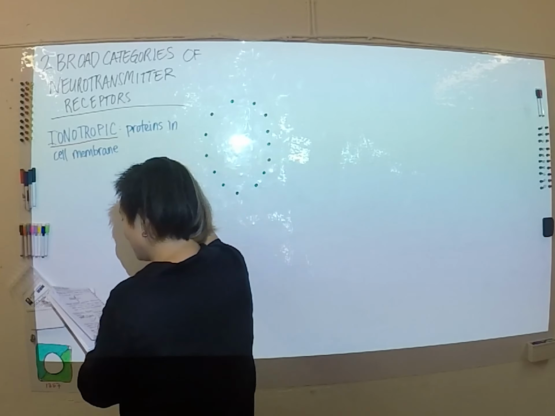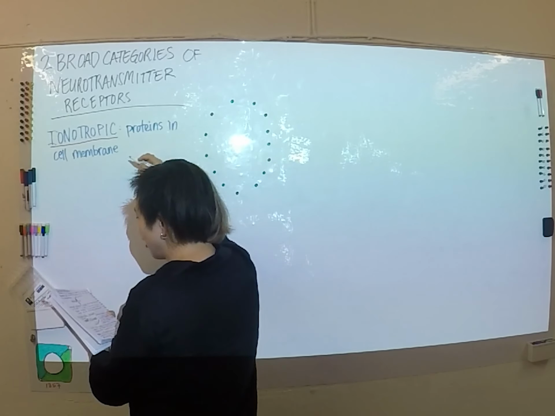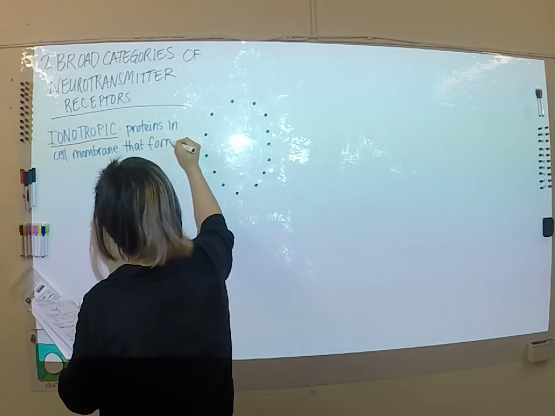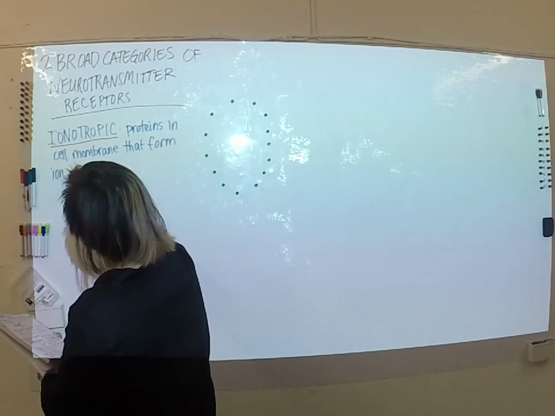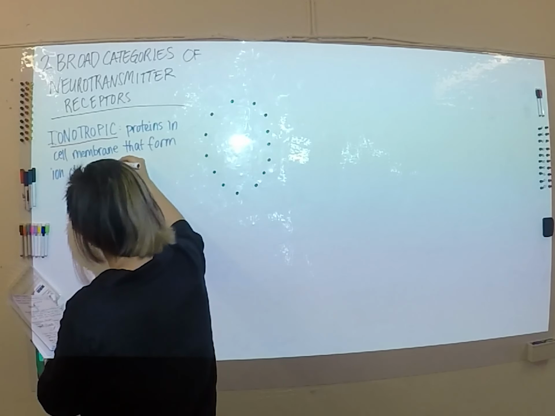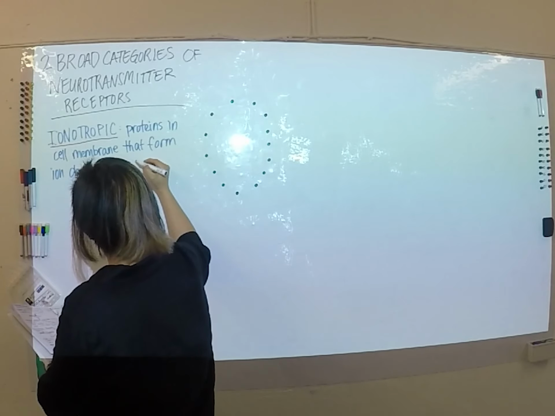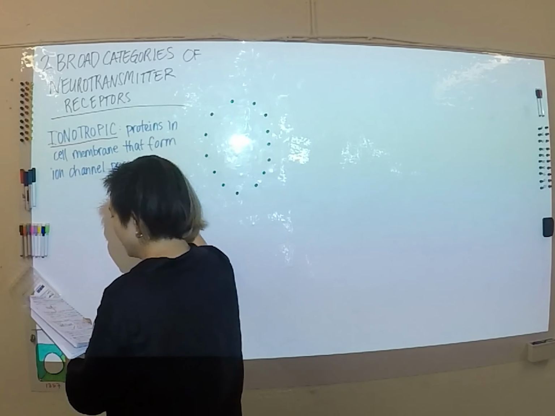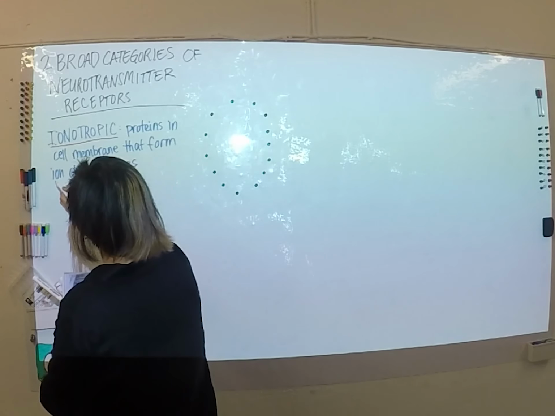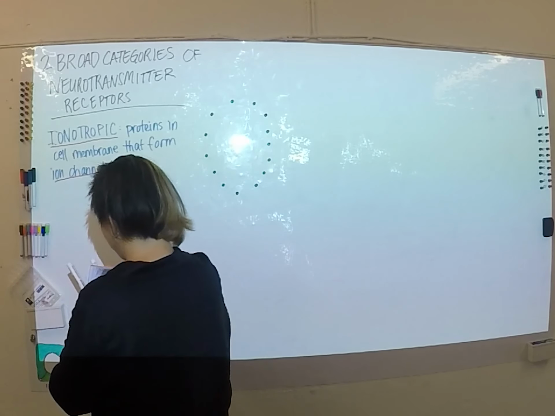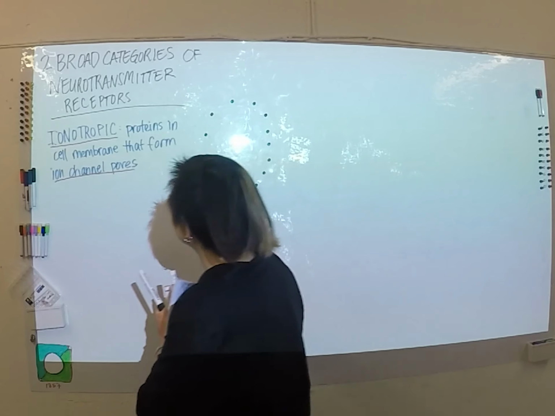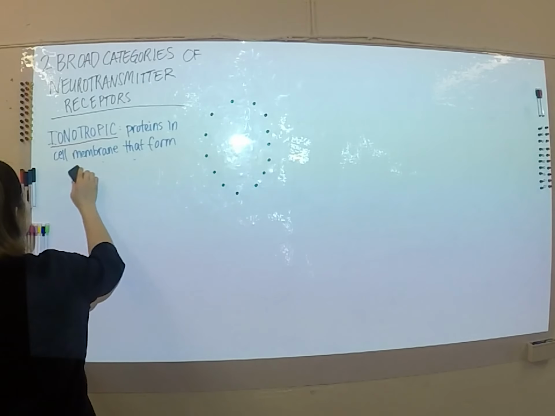So you'll see in just a moment. So proteins in the cell membrane that form ion channel pores, okay? And as a reminder, an ion channel pore, oops, I should have done that in purple. I'll just rewrite it.